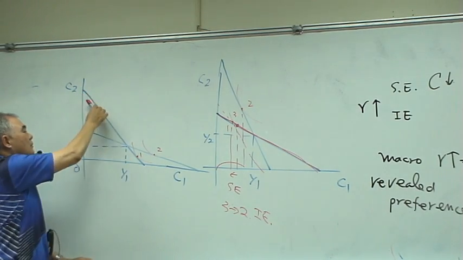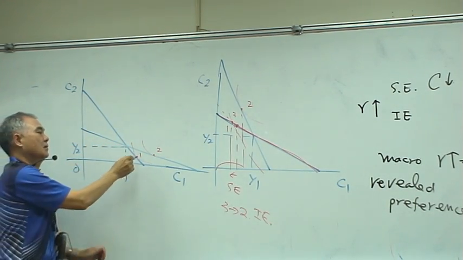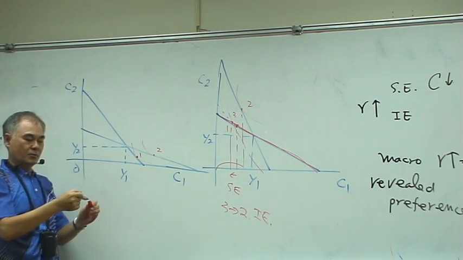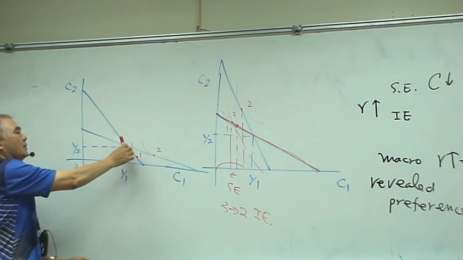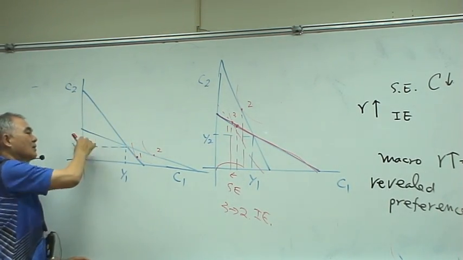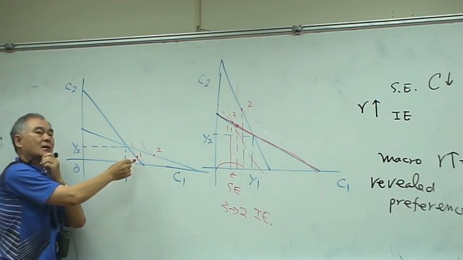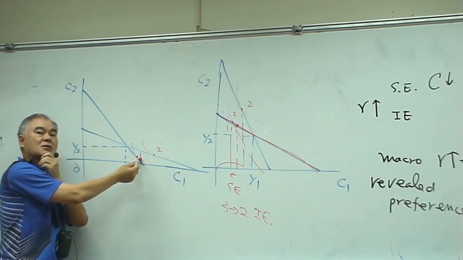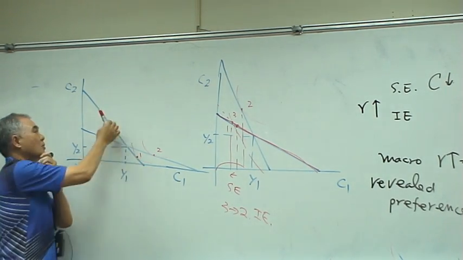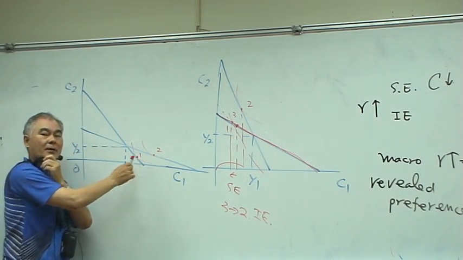And so the consumer chooses this point. So whatever is below this line is revealed not as satisfied as this one. So this is the best choice, right? And so the rest of it is all worse than this one, okay?